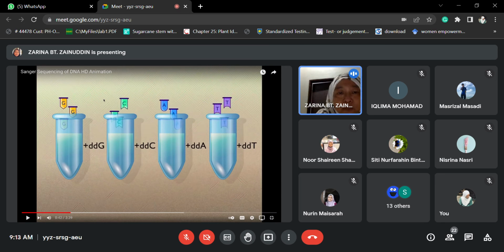For the tube you label G, you add ddGTP. For the tube you label C, you add ddCTP on top of the earlier components. Okay, clear?